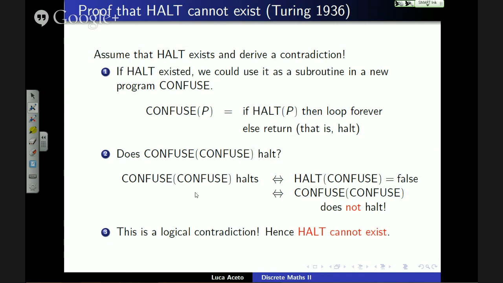If we have this library program, we can code confuse, and then we run into a deep hole. Okay? So if we have halt, then we run into a terrible contradiction. So there must be something wrong with our assumption that we have halt, so halt cannot exist. Bingo.